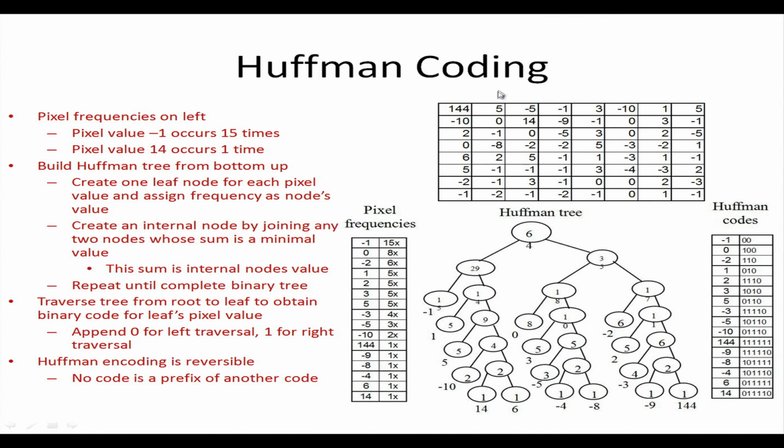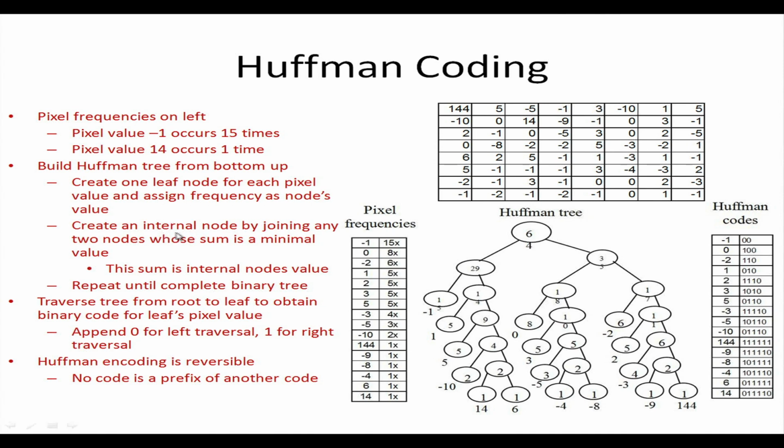Let us check 5 here. So, 5 appeared 5 times here. Therefore, the frequency of 5 is 5, and here I put the node 5 and mark the value of that node to be 5.